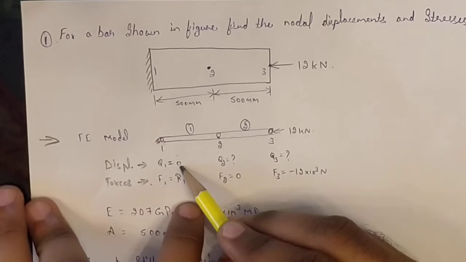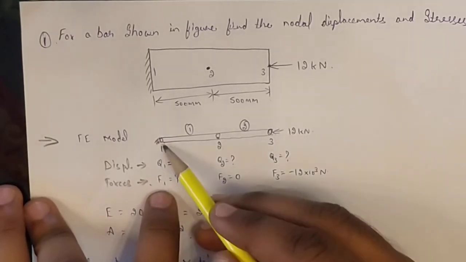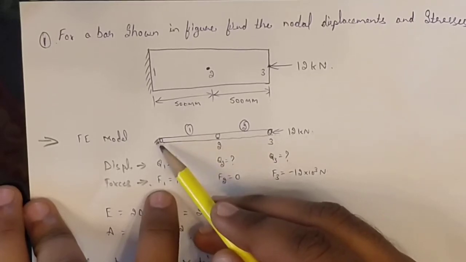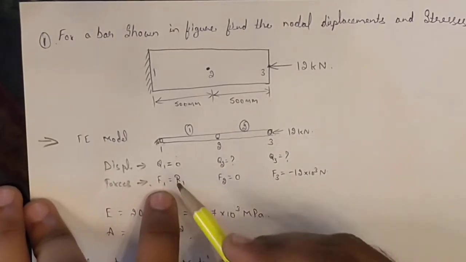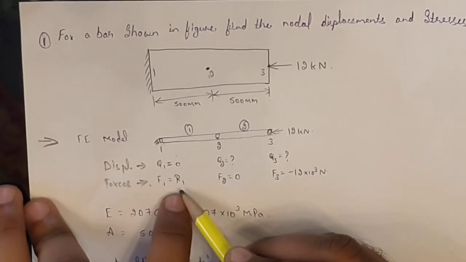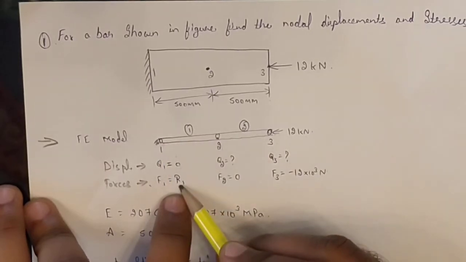Next, coming to forces. Node 1 is fixed. Since node 1 is fixed, there will be a reaction force at the fixed end. Am I right? That's why at F1 I am writing R1. Wherever it is fixed, there will be a reaction force.